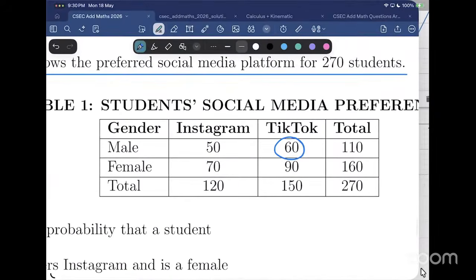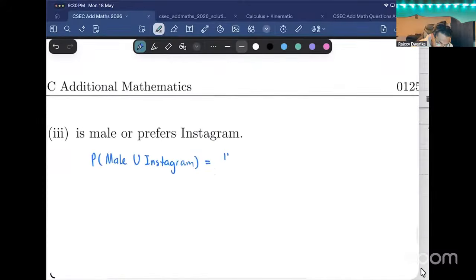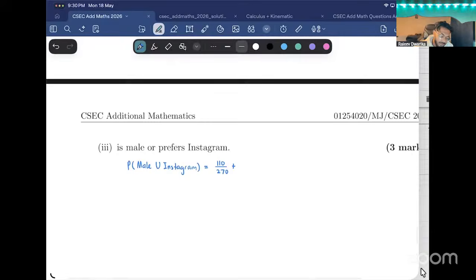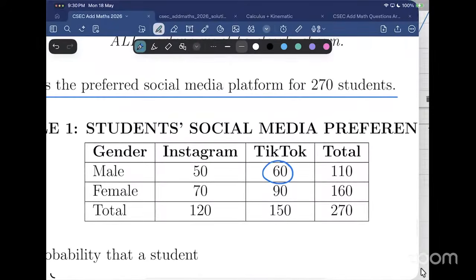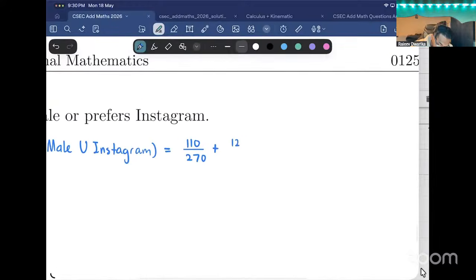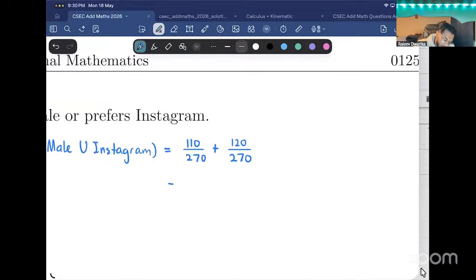How many males do we have? 110. So that'll be 110 over 270. And how many people generally prefer Instagram? 120 out of 270. When you add these up, you get your answer.